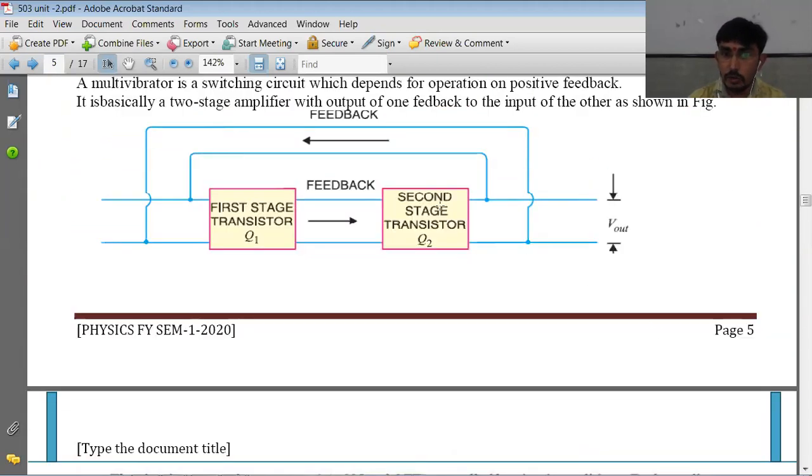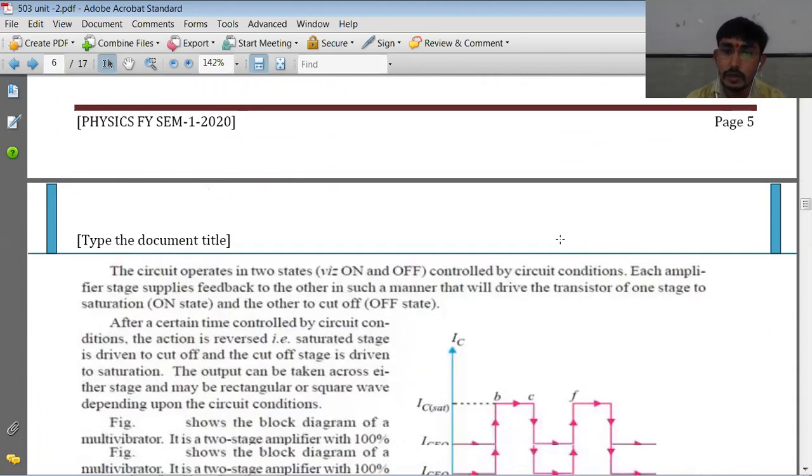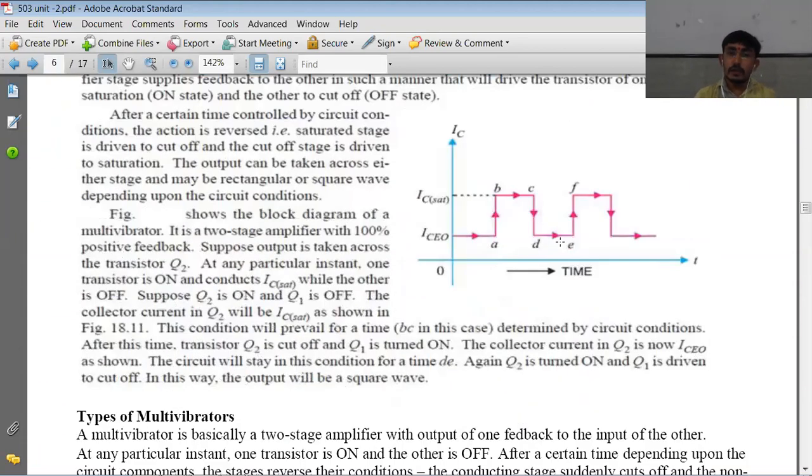Then we can say that at any particular instant of time, one of the transistors is on and conducting, and its collector current is at saturation, as shown in the figure.